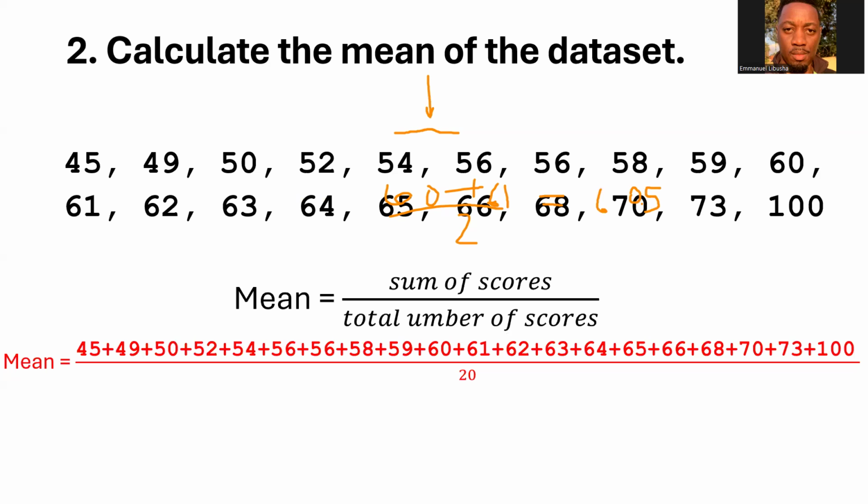In this case, it is 20, and we get 1,231 out of 20, and then we get our answer, which is 61.5. This becomes easier in terms of how we understand this. That's how we get our answer.